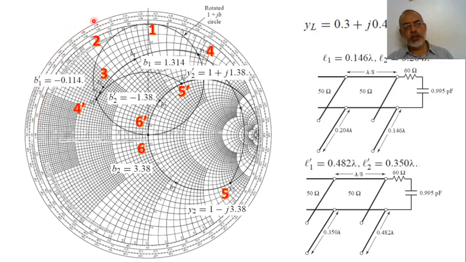By measuring, this distance can be found as 0.146 lambda. This is how to design the first step.